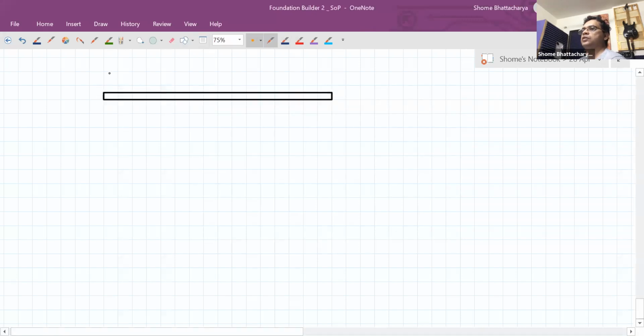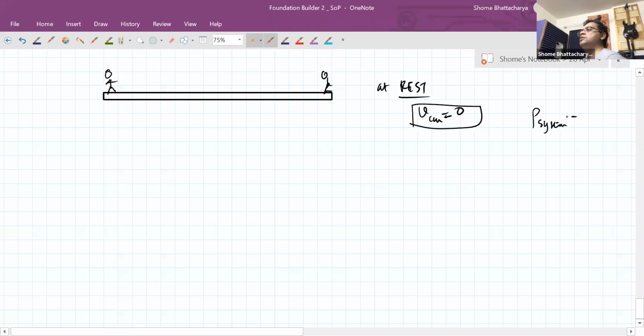See, just before they start moving, what is the state of the system? It's at rest. So velocity of the center of mass is 0 at this point of time, so momentum of the system is 0. So the center of mass will be where? This guy is 60 kgs.